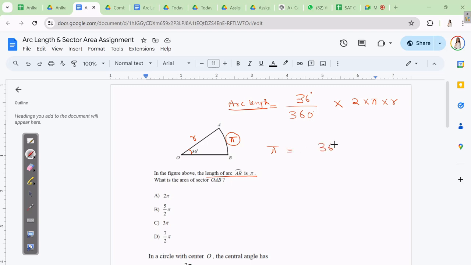Pi is equal to 36 over 360 times 2 pi r. Is this step clear, Anika? Yes. We don't know the radius, but we know the arc length. So I put this formula and I put it equal to pi because they have given us the arc length. Now this is a simple linear equation in one variable. The variable is r. Can you find out the value of r by solving this equation?